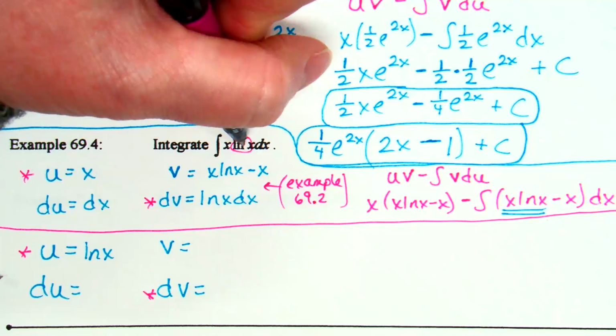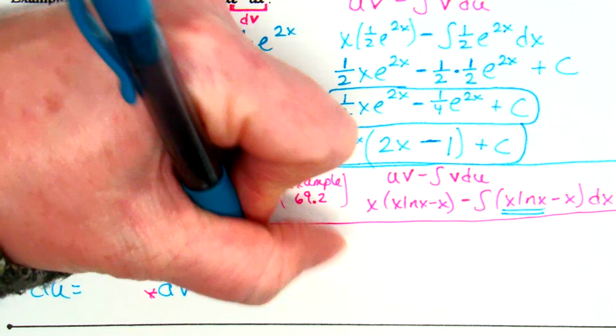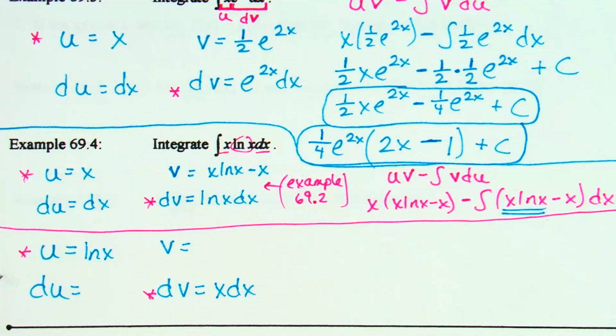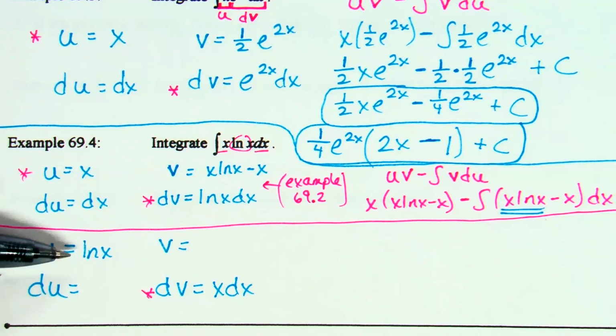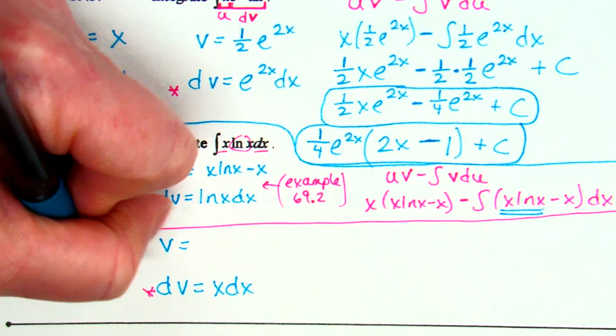And x dx is my dv. Okay. If u is ln x, what is du? Okay. The derivative of u is du. The derivative of ln x is 1 over x dx.